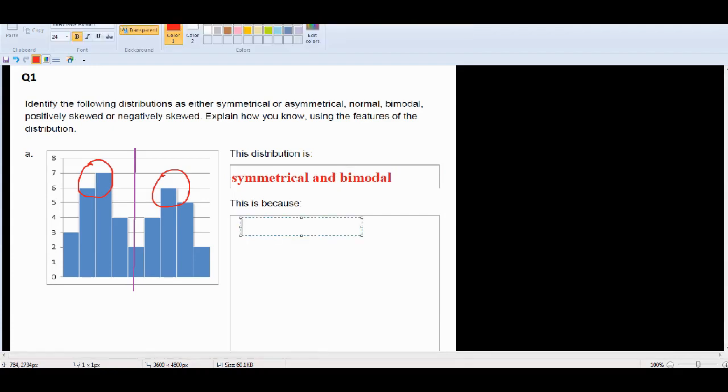So this is because you need to give reason. Okay, because what? You need to give reason. All right. So possibly we need to use smaller words. The reason is it has 2 peaks at either end of the distribution.